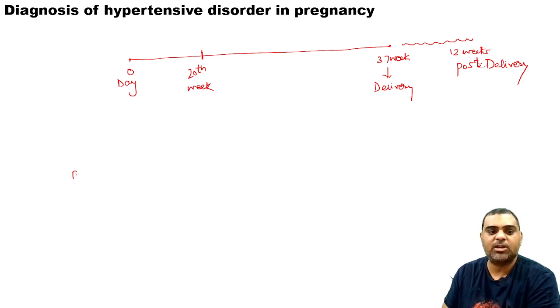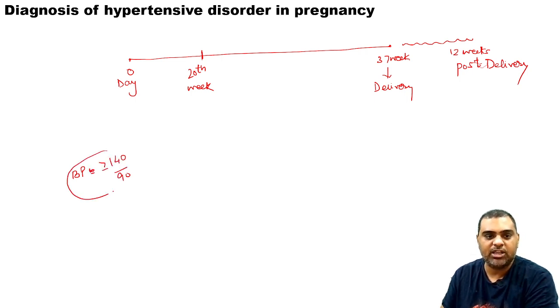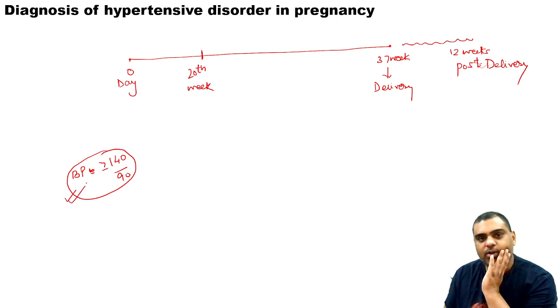Second thing, when will you say that a patient has a high BP? If the BP is more than or equal to 140/90. So in a pregnant lady, we will say that her BP is high if it is more than 140/90.